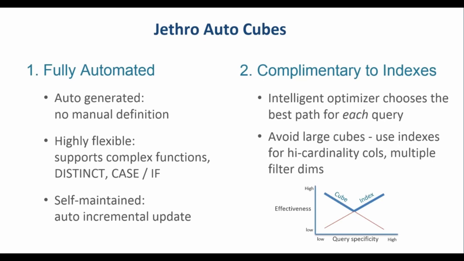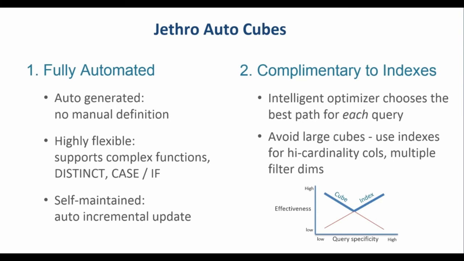So going back quickly on the principles and the important points about Jethro AutoCubes. There are two things we need to know about cubes. First thing, it's fully automated. Cubes are being auto-generated. No manual definition is required. Cubes are highly flexible.